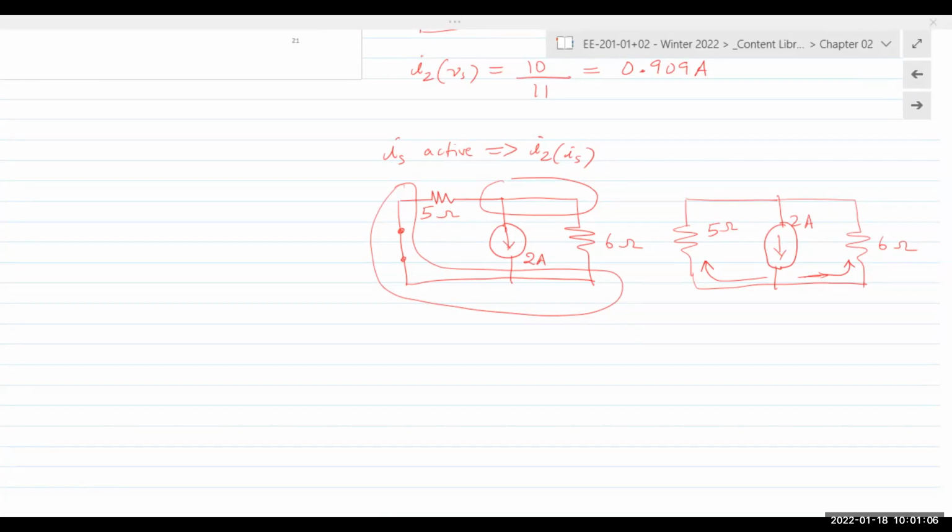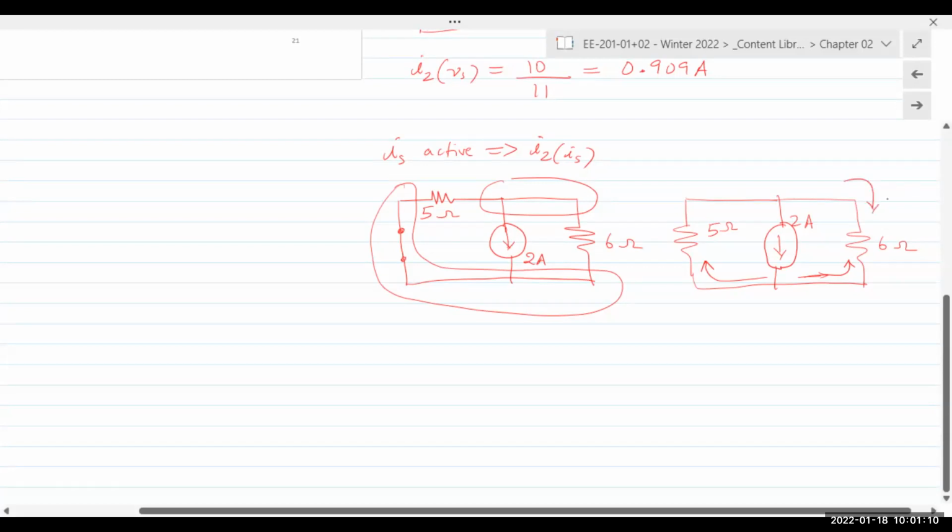So for current division, let me mark the original polarity for I2. And we can apply current division. REQ here is going to be 5 times 6, which is 30, divided by 11. I'm not sure if I remember how much 30 divided by 11 is.